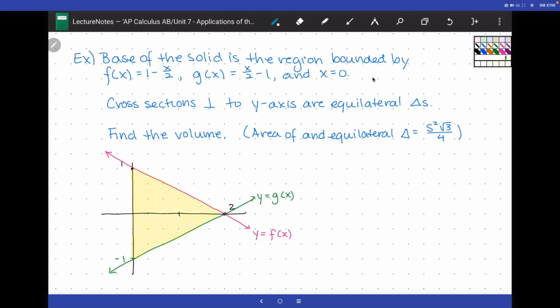I did really space this out because it really does help if you make your pictures big enough to draw inside. You don't have to make it as big as I did, but even if this wasn't notes, I'd be making my picture pretty big.